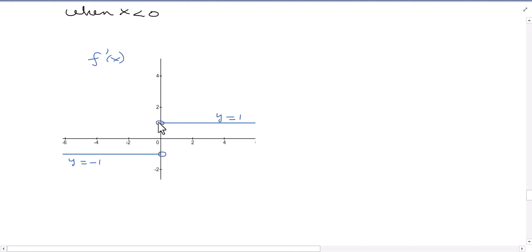Can I have a tangent line? No, right? The derivative function is not even defined there. There's a big jump, so we cannot have the derivative. So we say f of x equals the absolute value of x is not differentiable at 0.